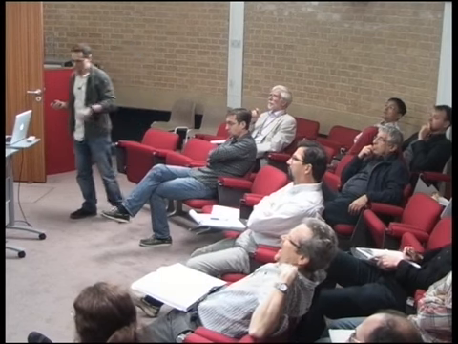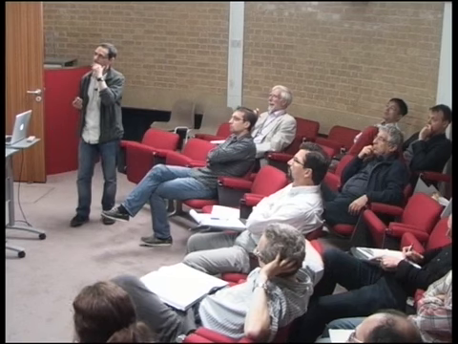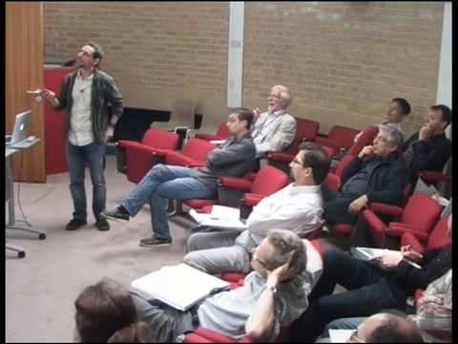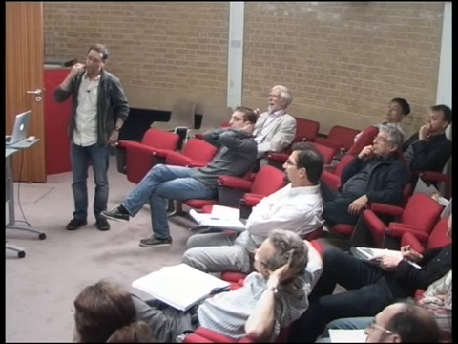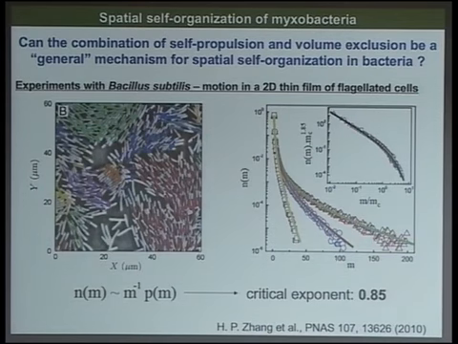Now, I guess I'm going to finish us with the bacteria. There is the question whether we can assume that cell propulsion and volume exclusion can be a general mechanism for spatial self-organization in bacteria, and I don't know the answer, unfortunately.